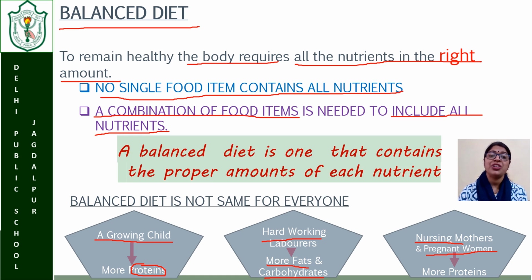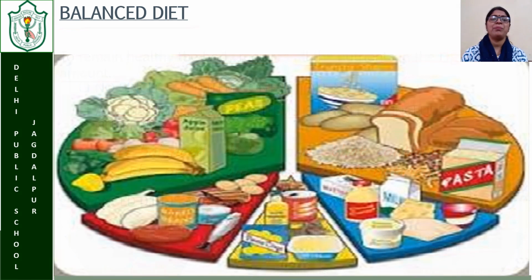That is why I have written here, a balanced diet is not the same for everyone, because everyone's body system is different. A child's body system is different from a pregnant mother's. The pregnant mother's body system is different from the laborer's. So the requirement of their body nutrients is different from each other. Now a picture of it.